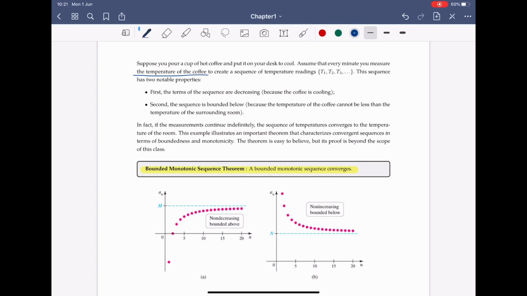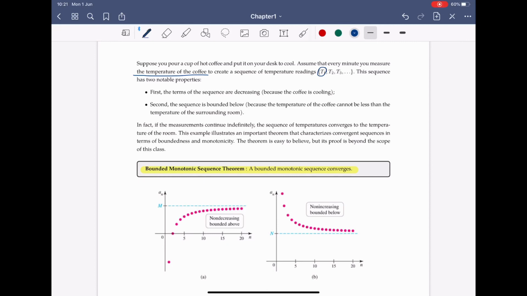Let's suppose that you have a hot coffee in your hand and then you spill it. At time t equal to 1, maybe you can think of it as the first minute, you spill the coffee on the table.